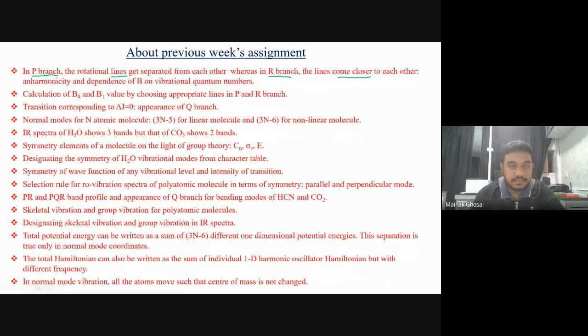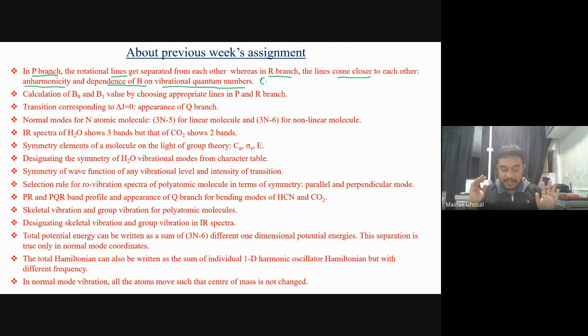Okay, so there was the discussion on anharmonicity and how B depends on vibrational quantum numbers. In the earlier case, the lines in the P branch and R branch were equally spaced, that is, separated from each other by the same value.